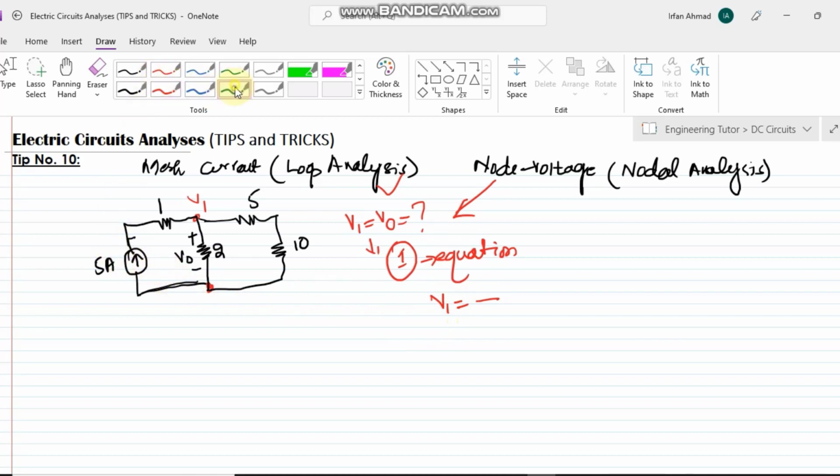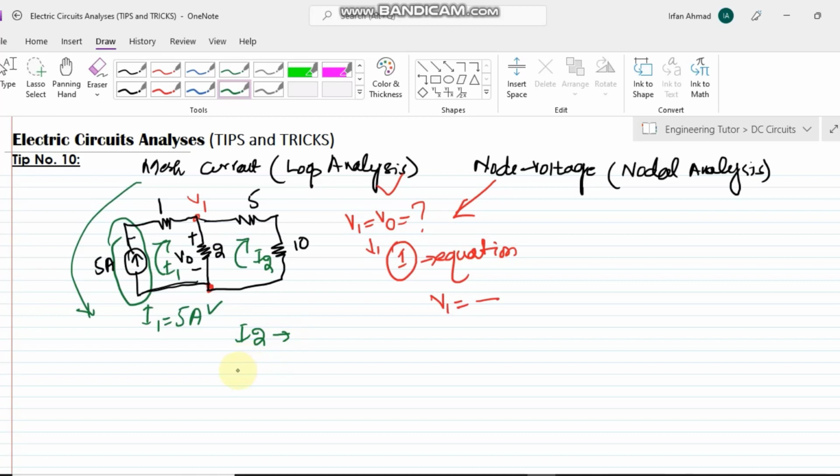Similarly, if we have to use the mesh current method, what will we do? We will use two currents here. The first one is I1, the second one is I2. The value of I1 is already given, because this is the branch current in which the same current I1 is flowing, and the value of I1 is 5 amperes. After going through all of these steps, we will have to find the value of I2.